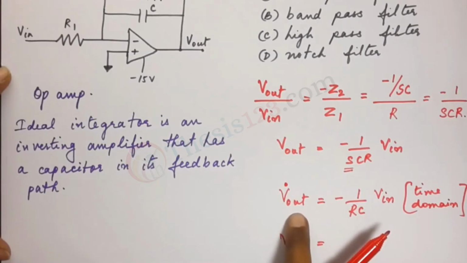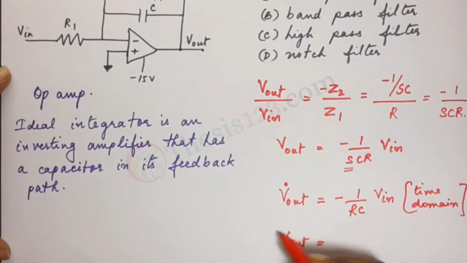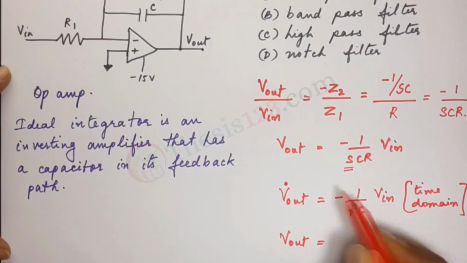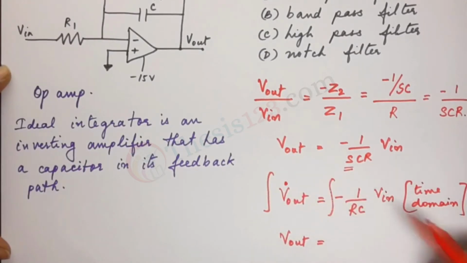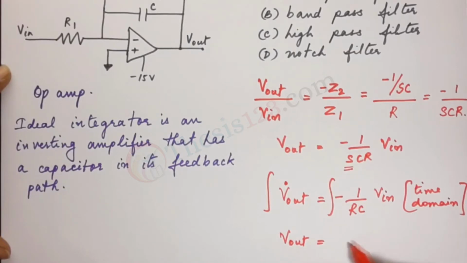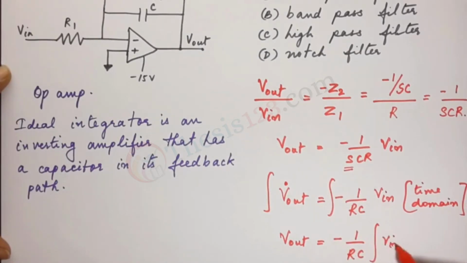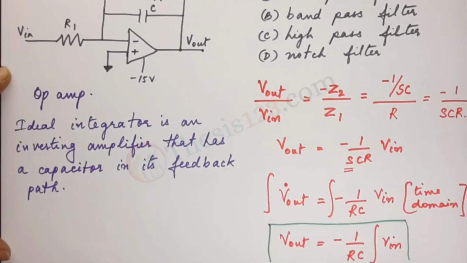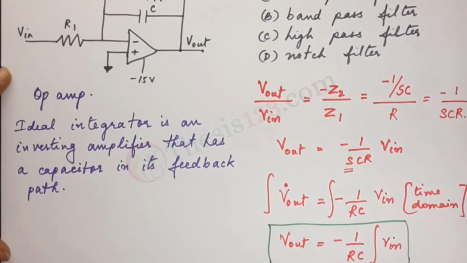So this is the derivative, and in order to find out what V out is, we integrate on both sides. So when we integrate on both sides, we get V out is equal to minus 1 by RC integral V in. So this is the general notation, a very quick view of how we see the output in terms of input, which is an integration of it.